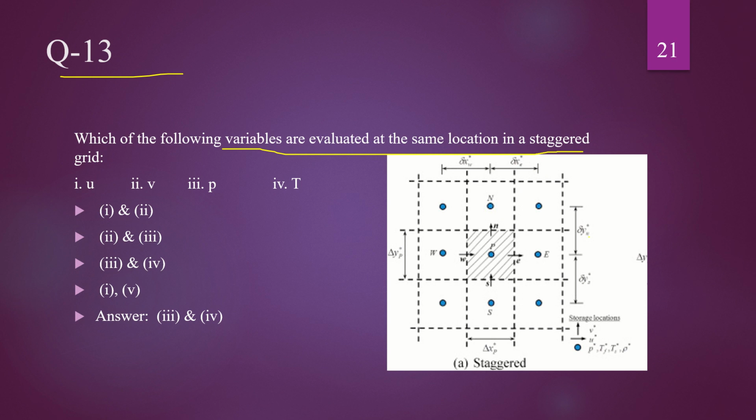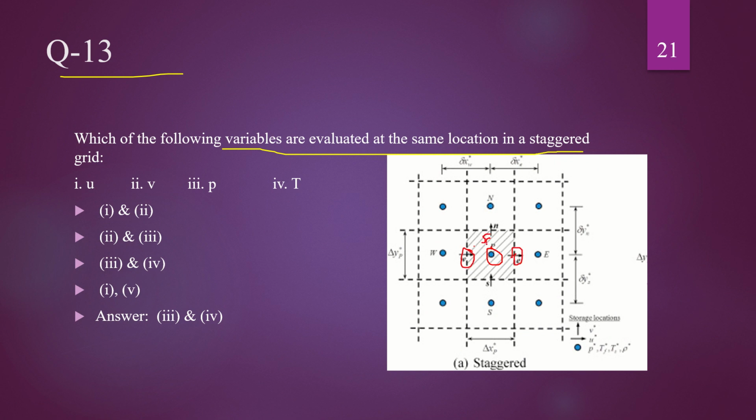Basically, if we look at this, we can see that pressure is stored at the center like this, and u velocity is stored in these locations.